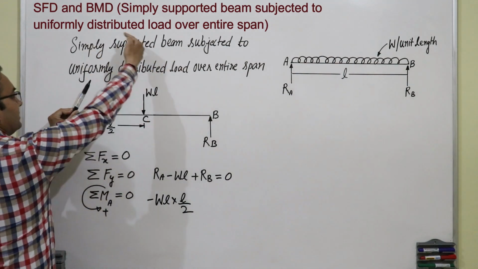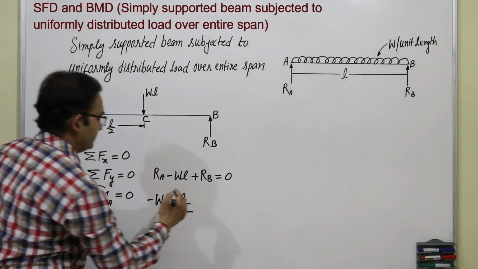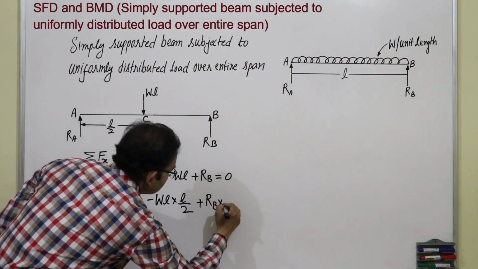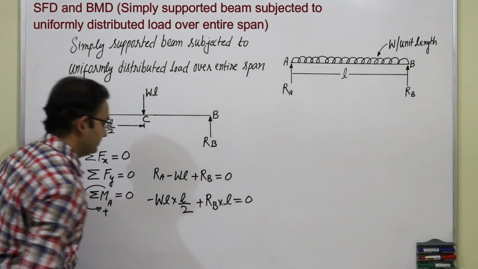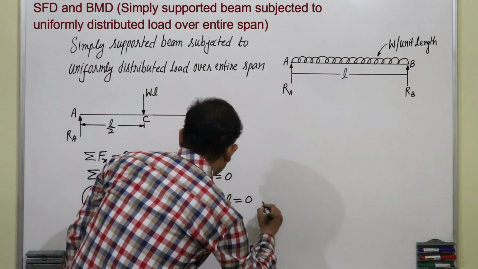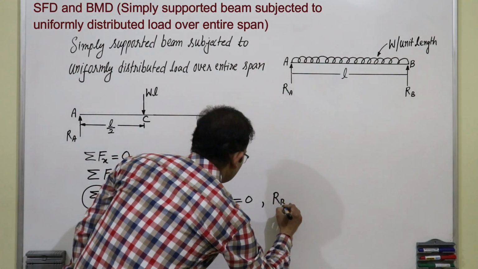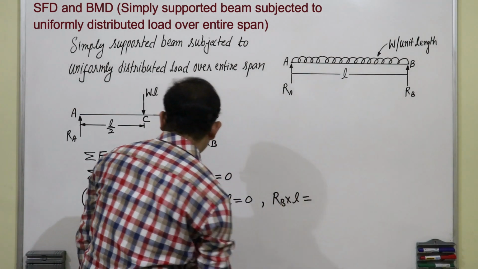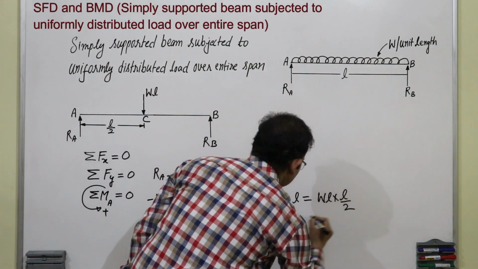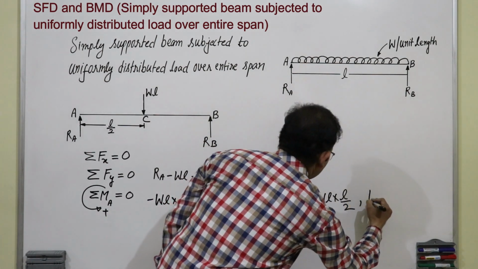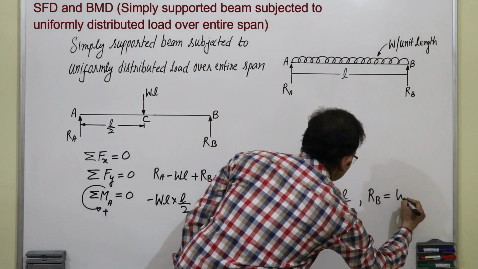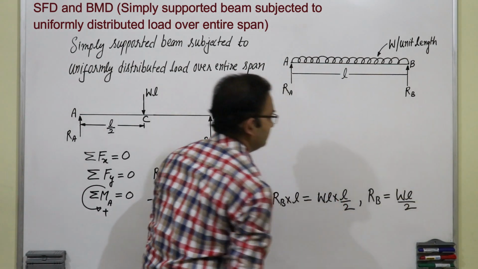So, this is anti-clockwise direction. So, plus RB into L equal to 0. So, we can find out RB into L equal to WL into L by 2. So, RB equal to WL by 2.